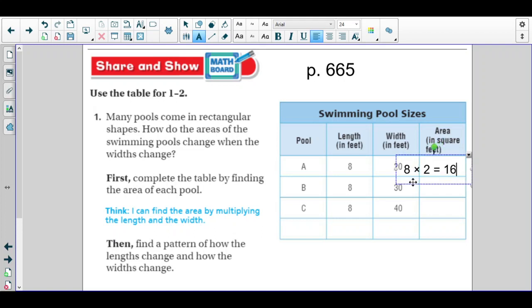So if we add a 0 here, that means that we are going to add a 0 right there. Okay, so the area right here becomes 160.